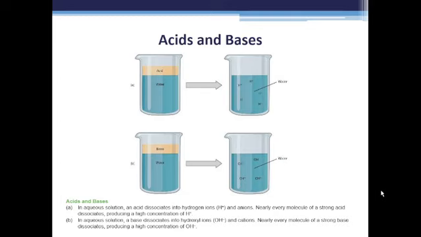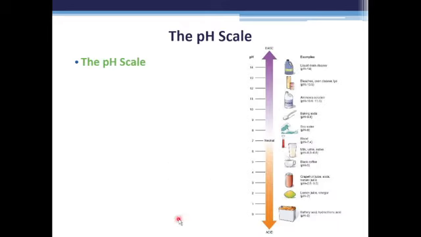This means that the body must regulate acid-base balance to maintain homeostasis. Too much or too little is very dangerous, so we need to regulate a balance of that throughout our body.